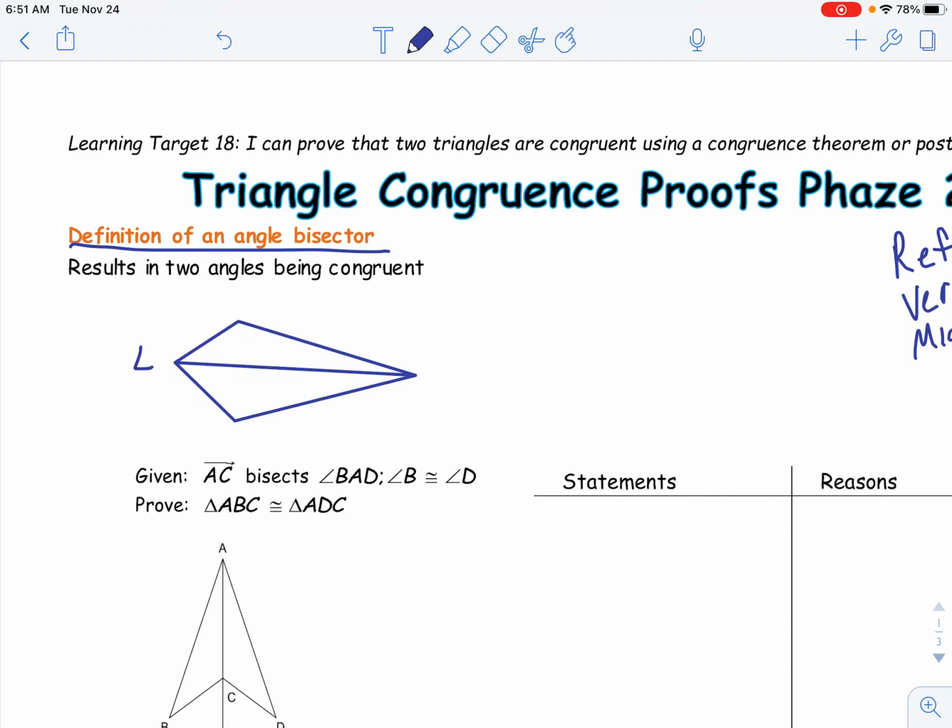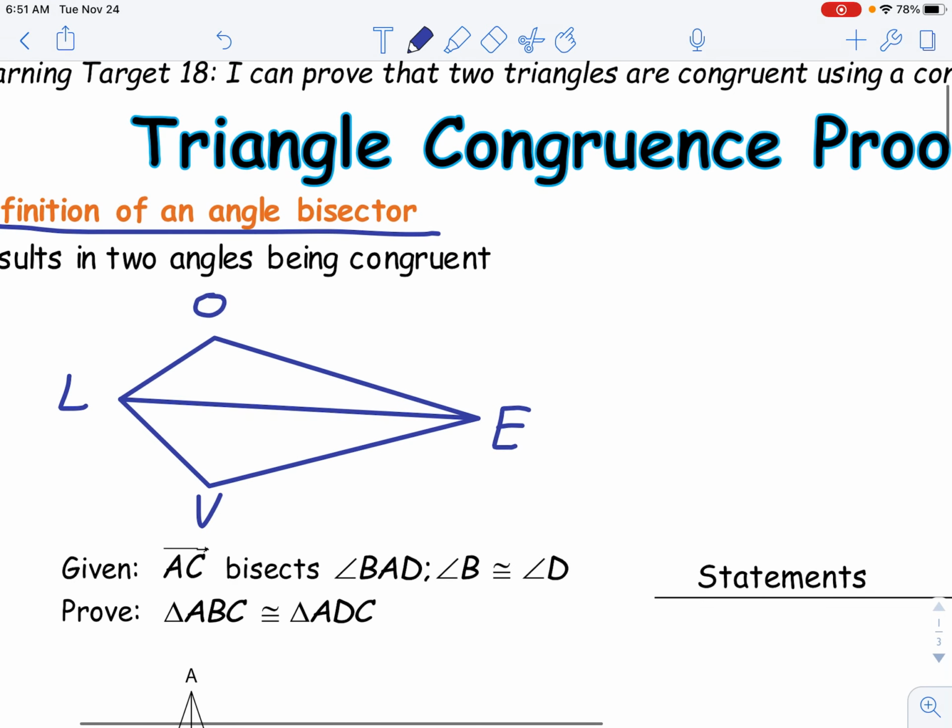Now let's call this triangle love, because we love math class. All right. Now it might say something like this. Now this students struggle with this. LE bisects angle OEV.